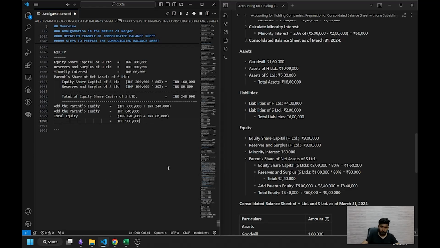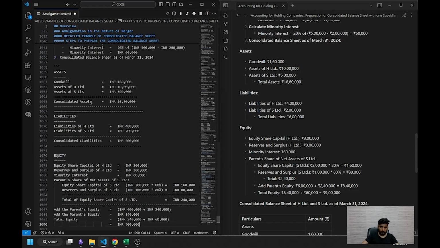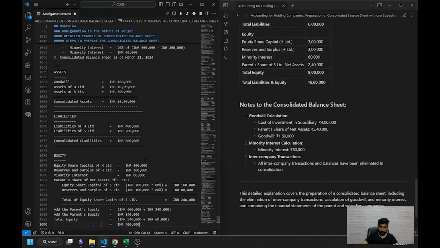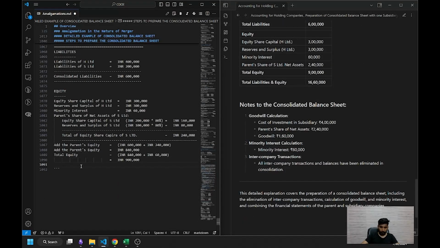Okay. So we have the liabilities, assets, and the equity as well.